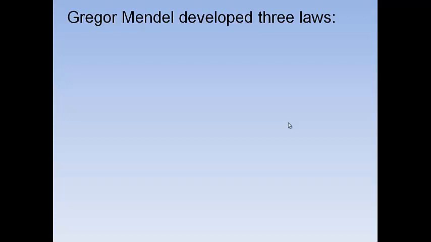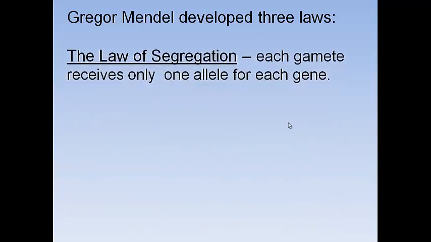Now, Gregor Mendel developed 3 laws, and we're going to go through them. The first one is called the law of segregation, and that one's pretty simple. Each gamete, each sperm or egg, can only carry one version of a gene, right?